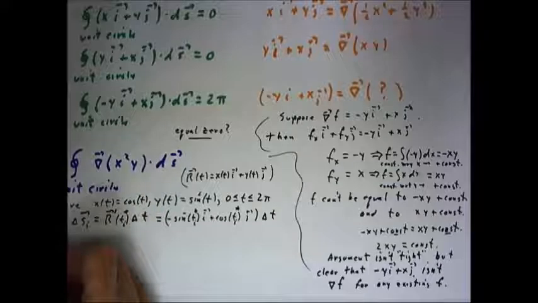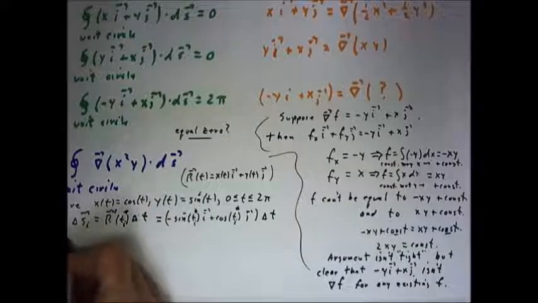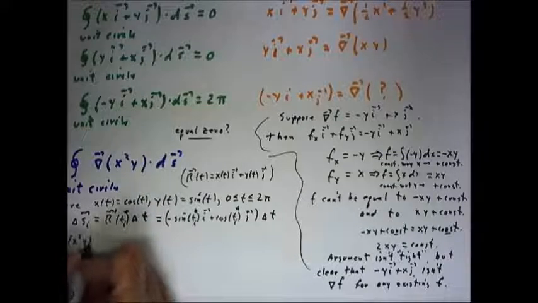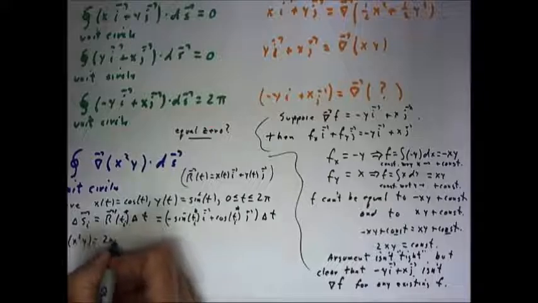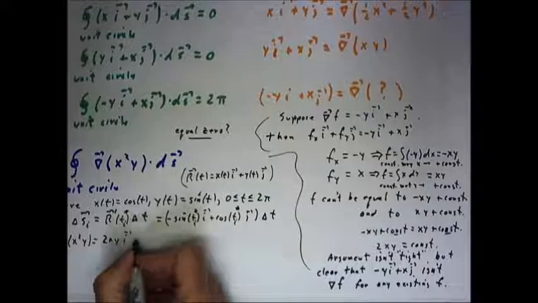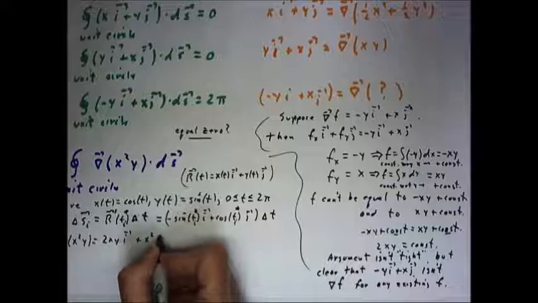Now, what's the gradient of x squared y? That's easily written. Gradient of x squared y is 2xy i plus x squared j.